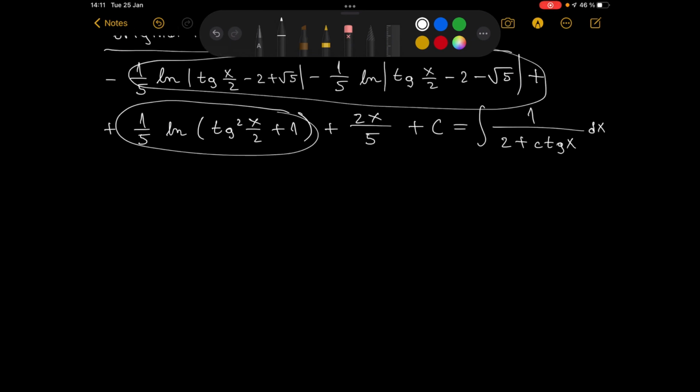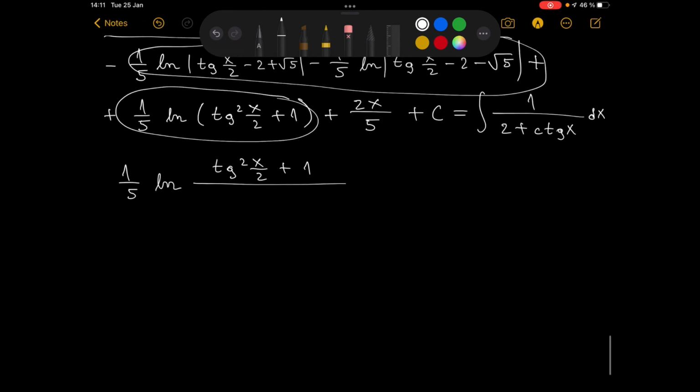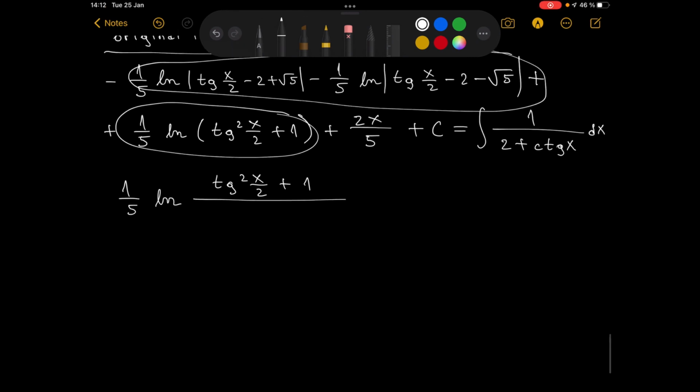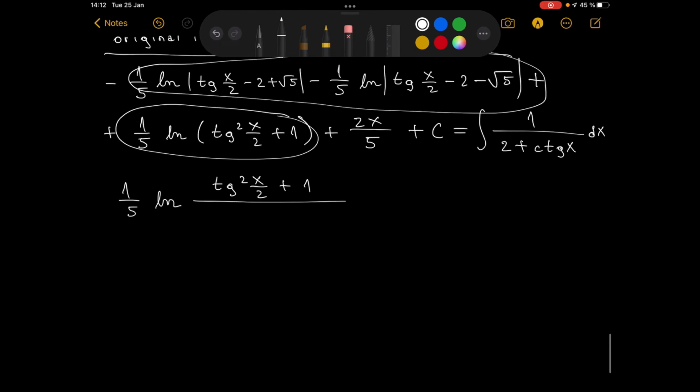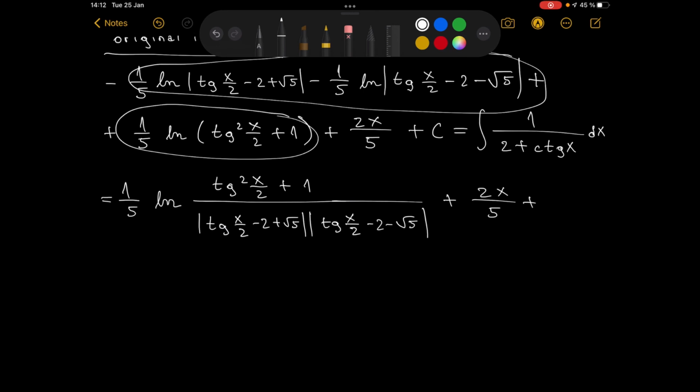So this is going to be equal to 1/5 times the ln of tangent squared of x over 2 plus 1 over the tangent of x over 2 minus 2 plus the square root of 5 times tangent of x over 2 minus 2 minus the square root of 5 plus 2x over 5 plus c.